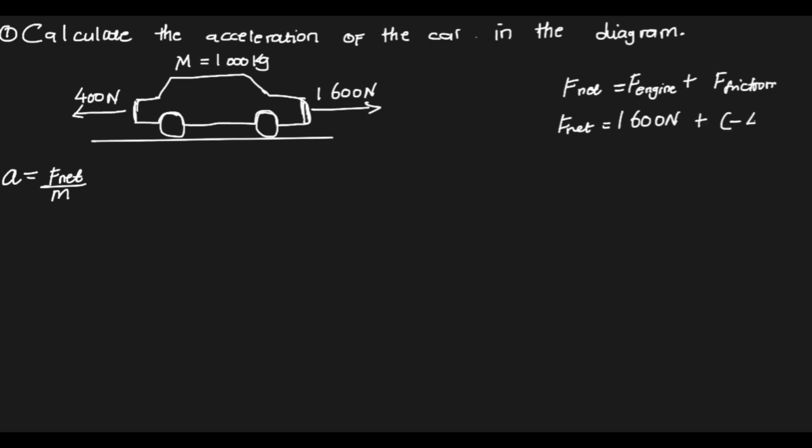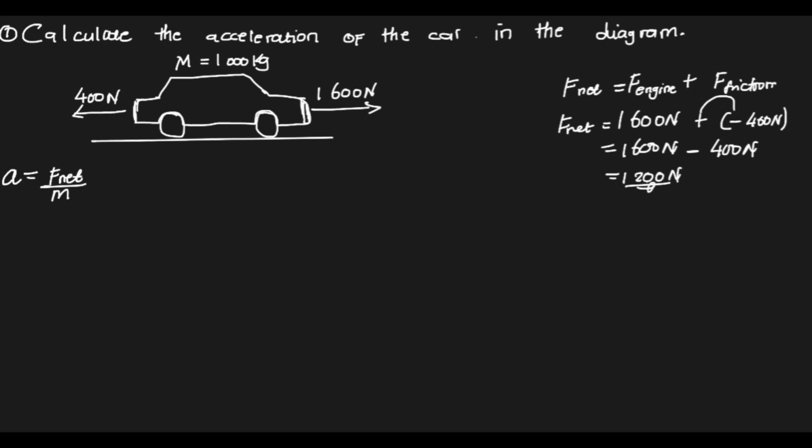This one will have a negative 400 since it is going in the opposite direction. So we have 1600 newtons. Then we know that if we multiply this positive and the negative, we are going to have a minus. Then we have 400 newtons. So if we subtract 1600 minus 400, we get 1200 newtons.